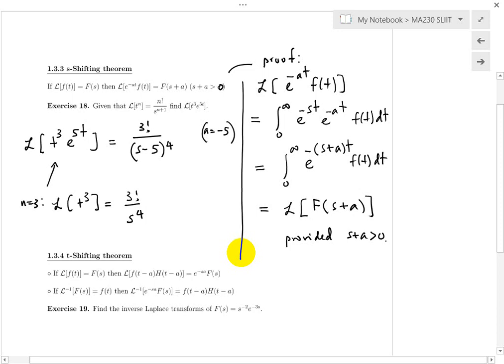Okay, now here you can have a shift in t. Those are called t-shifting theorems.